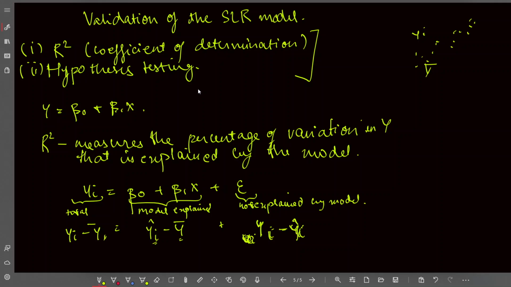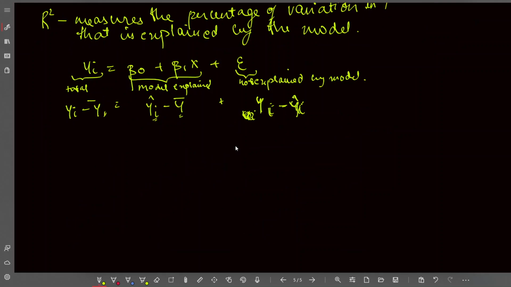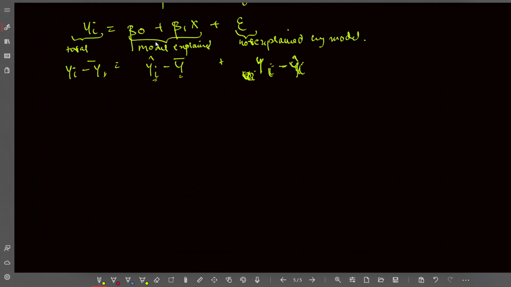Now you can prove mathematically that the total sum of squares is equal to the sum of squares of explained variation plus the sum of squares of unexplained variation.